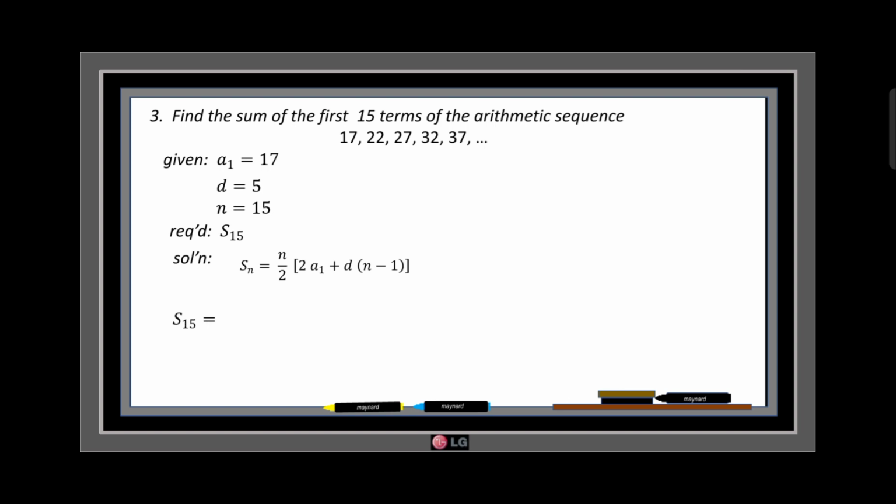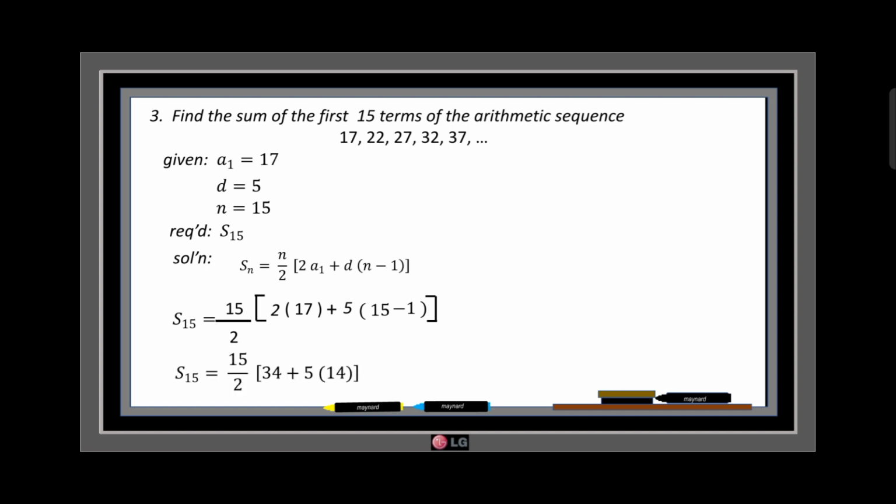Substitute na lang natin. So, S sub 15 equals to n na may value na 15 divided by 2, open bracket, 2 times a sub 1 na 17 plus the common difference which is 5 times the quantity of n na 15 minus 1, close bracket.